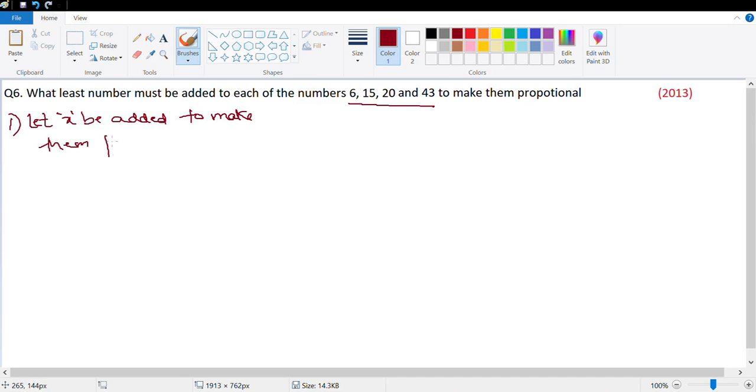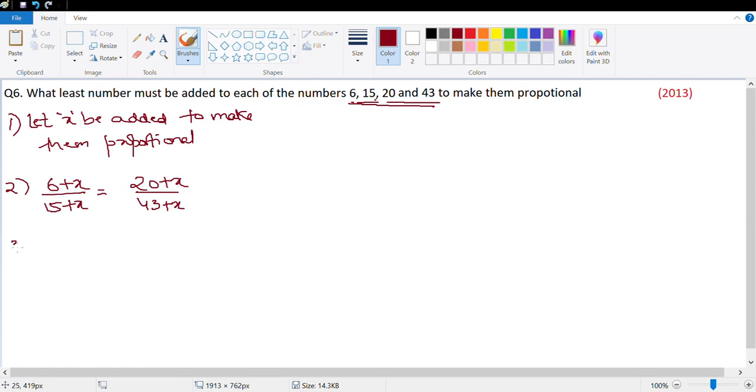So what we have now is 6 plus x upon 15 plus x would be equal to 20 plus x upon 43 plus x. Yes, that's correct. If I add x to all of them, then a is to b will be equal to c is to d. Now let's cross multiply.